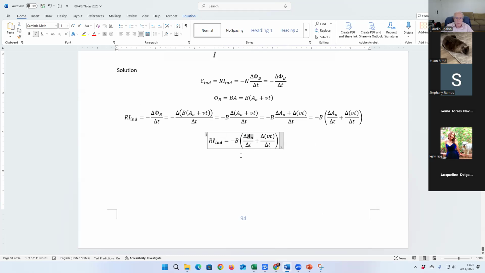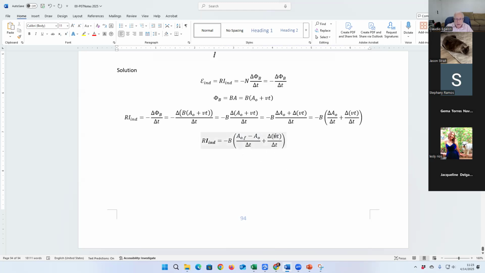So delta A naught is going to be A naught minus A naught: final A naught minus initial A naught. But the initial area was at that instant of time equal to 0, and it doesn't change as time goes by. So this A naught here must be equal to this other A naught.